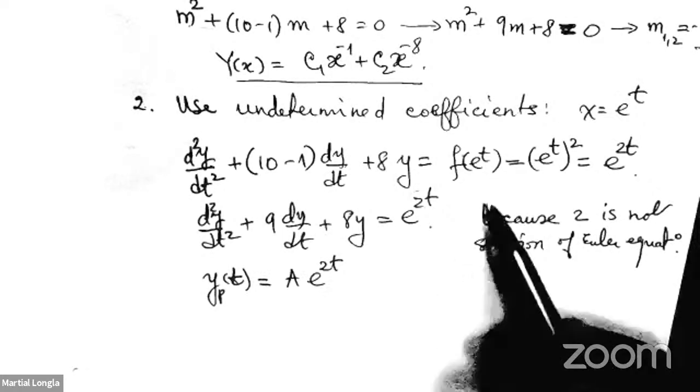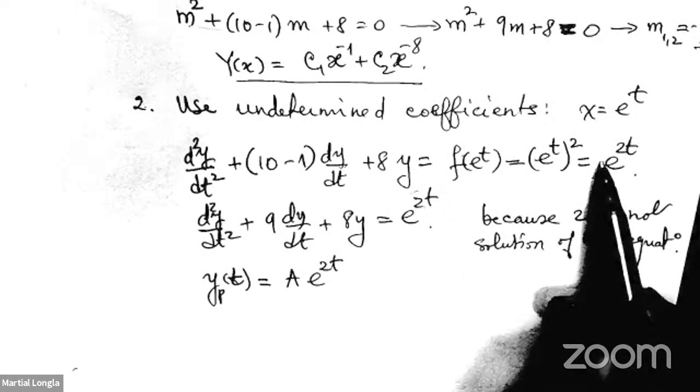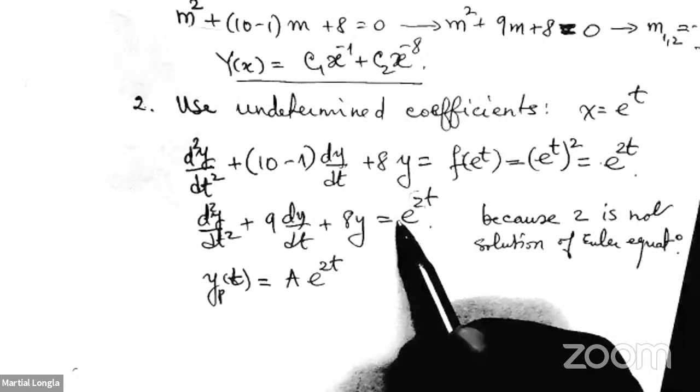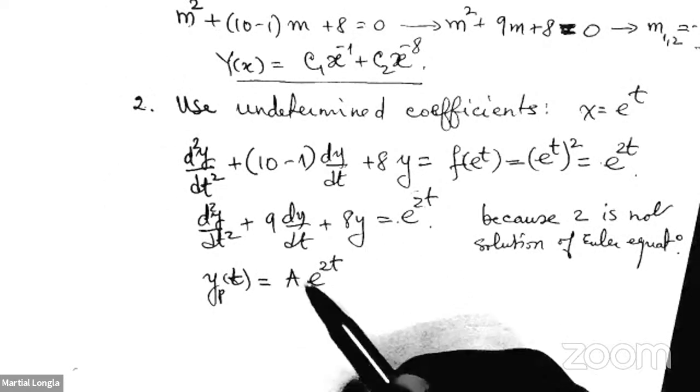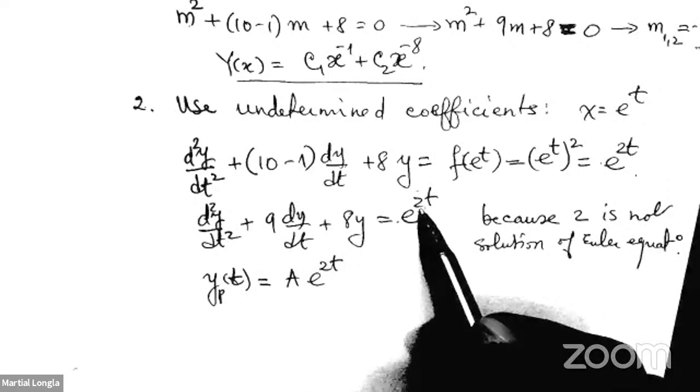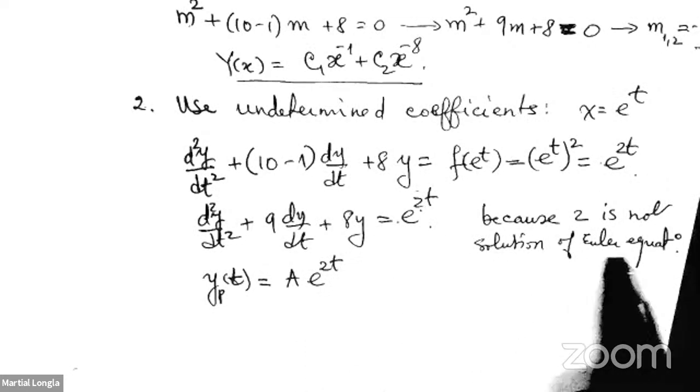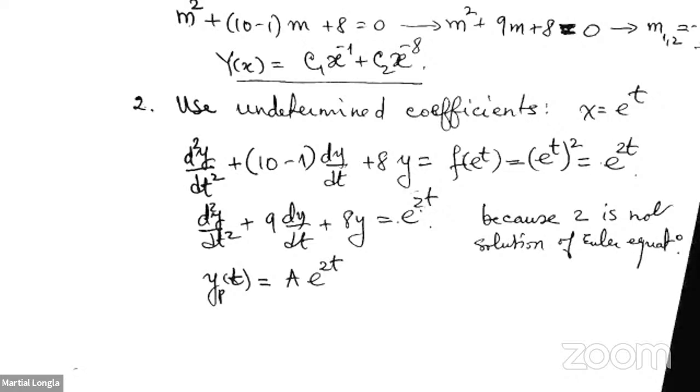Why? Because here we got a polynomial of degree 0 in front of the exponential. A polynomial of degree 0 is just a constant. No need to multiply by t because 2 is not a solution of the homogeneous equation. That's it. So this is all you need to do. Find that a.